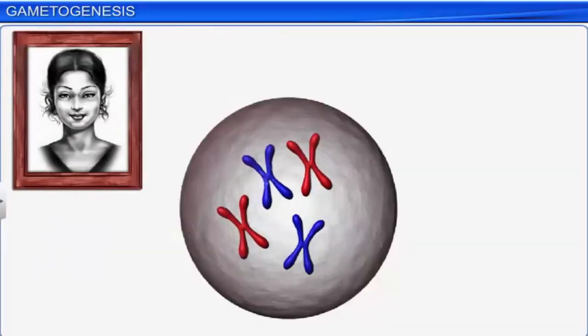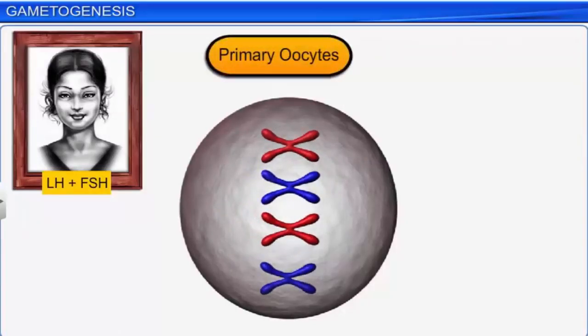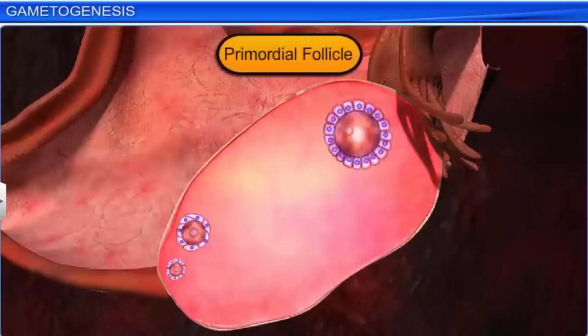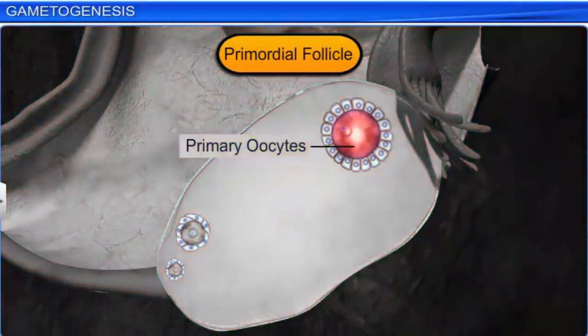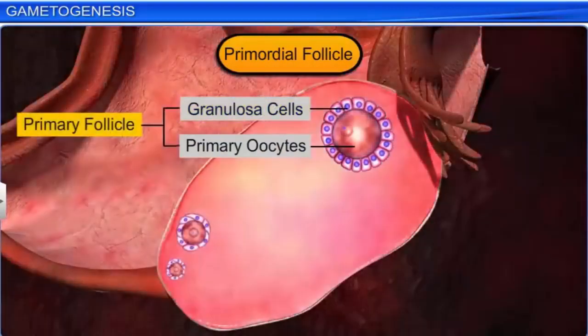At puberty, the release of LH and FSH hormones stimulates some primary oocytes to resume the meiotic division that had begun during the woman's fetal stage. Moreover, due to FSH, the squamous cells of the primordial follicle enlarge and become cuboidal. The dividing primary oocyte and the cuboidal granulosa cells now make up the primary follicle.